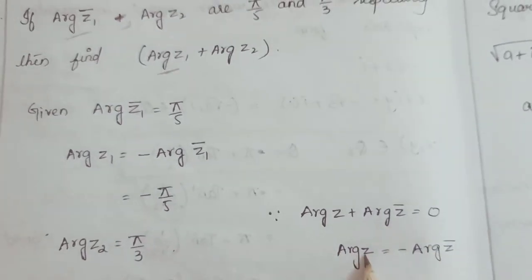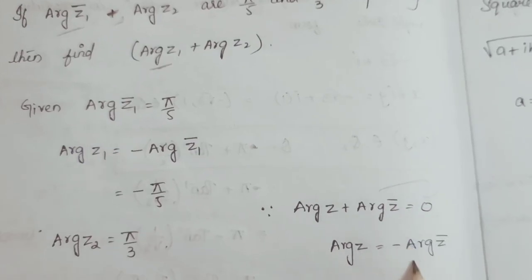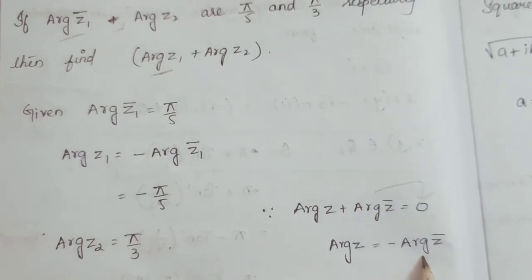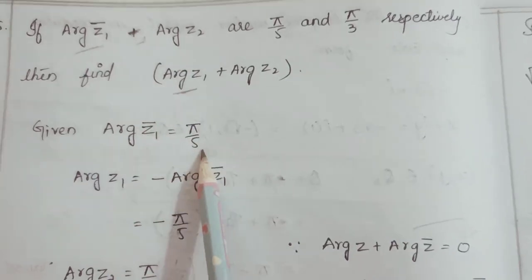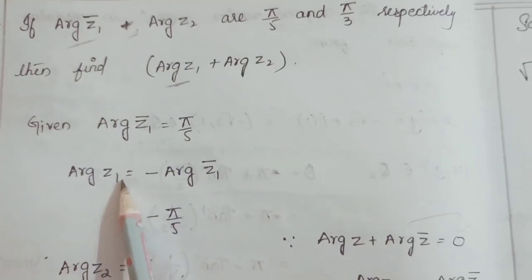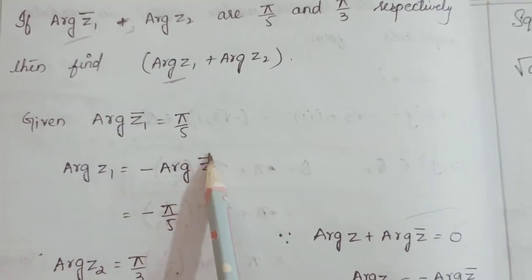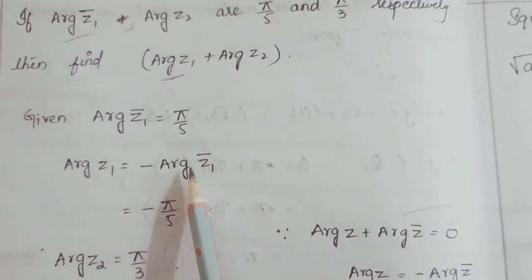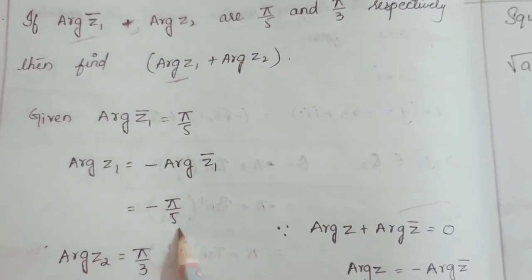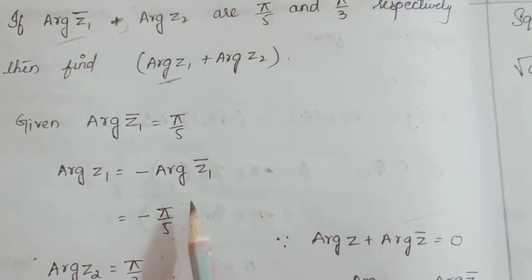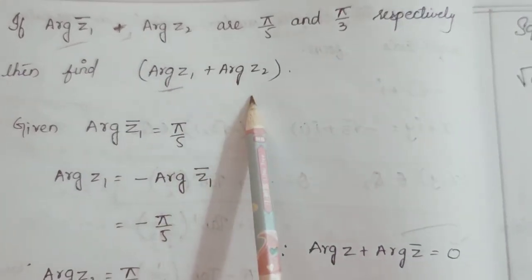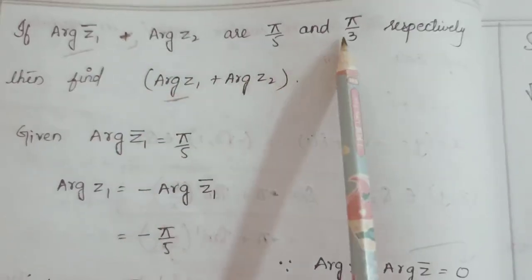So arg z will be, taking this across, minus arg z bar. So arg z1 will be minus arg z1 bar, and this value is pi by 5, so arg z1 will be minus pi by 5. Similarly, we want arg z2. It is already given arg z2 is equal to pi by 3.